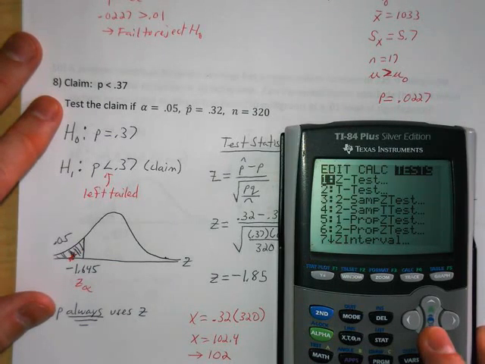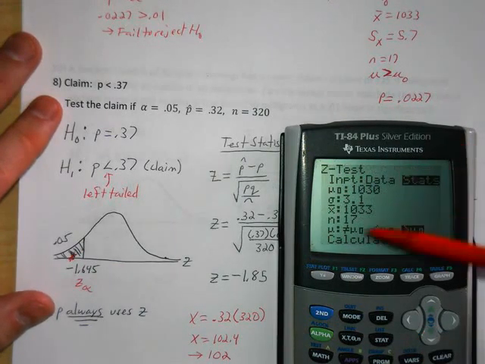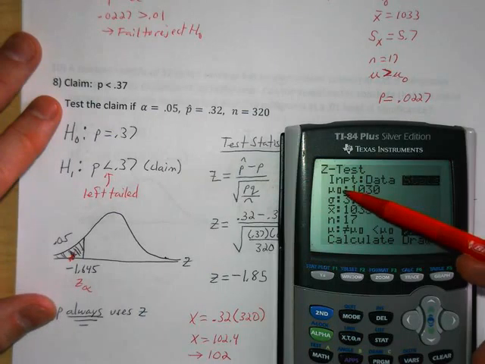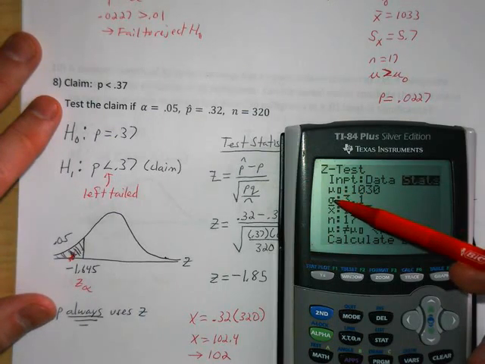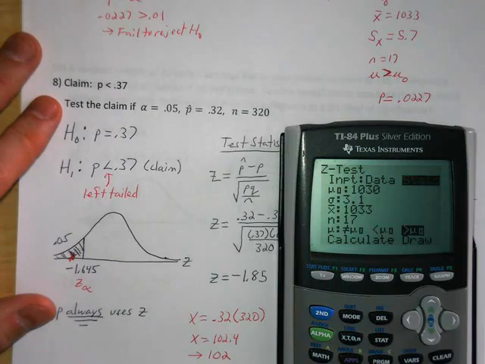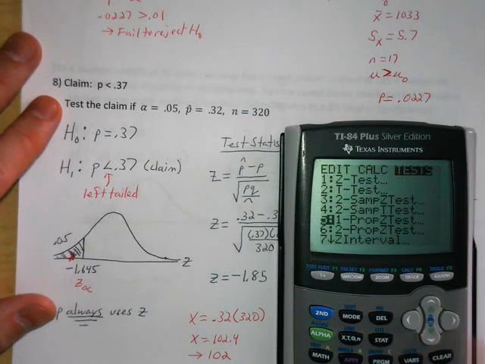Well, it's not a z-test though, because for a z-test, remember, we have a mu, a population mean, and a standard deviation, and a sample mean. Well, we don't want that. We want a one proportion z-test.